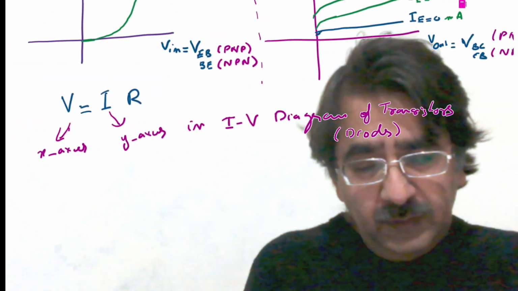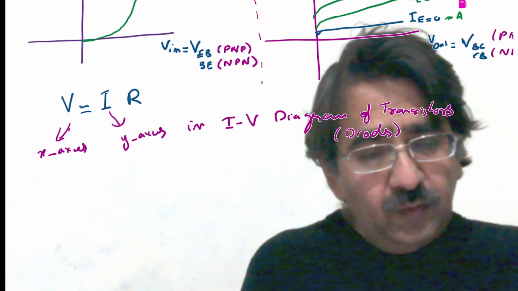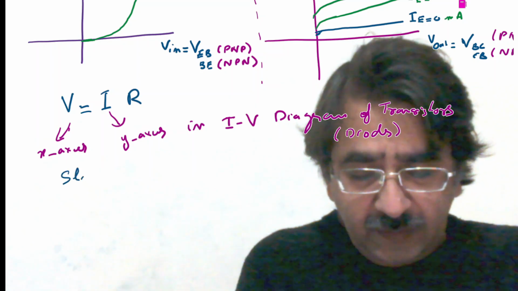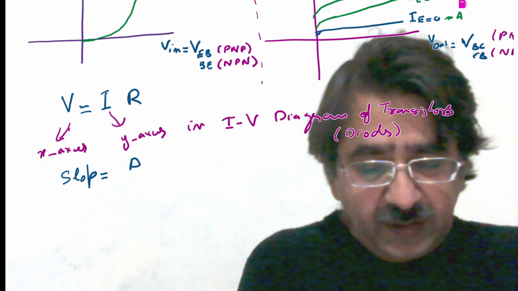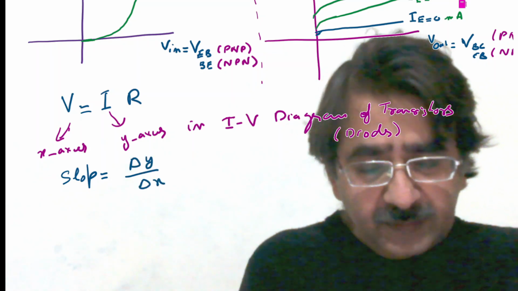As we know, the slope is always equal to delta y over delta x.